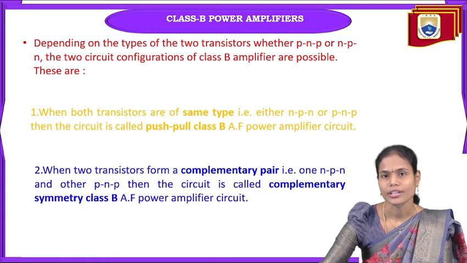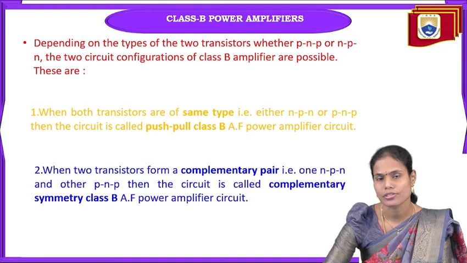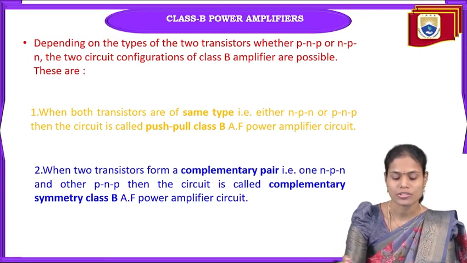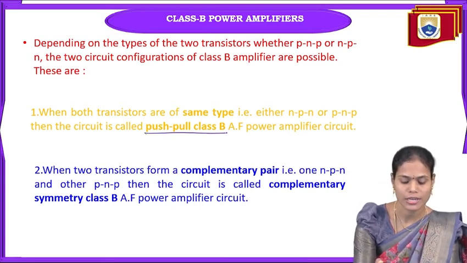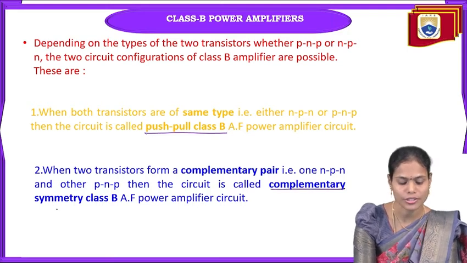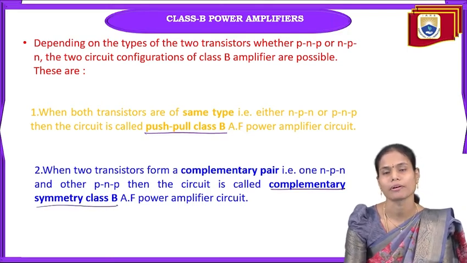Or else, if we take 2 different transistors, one PNP and one NPN, we call it the complementary symmetry push-pull class B power amplifier. So the 2 classifications are the push-pull class B amplifier and the complementary symmetry push-pull class B power amplifier.